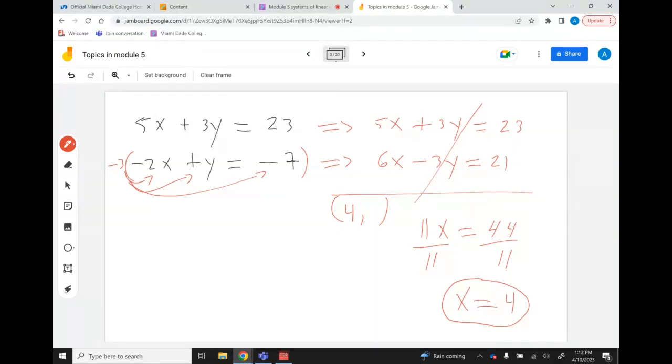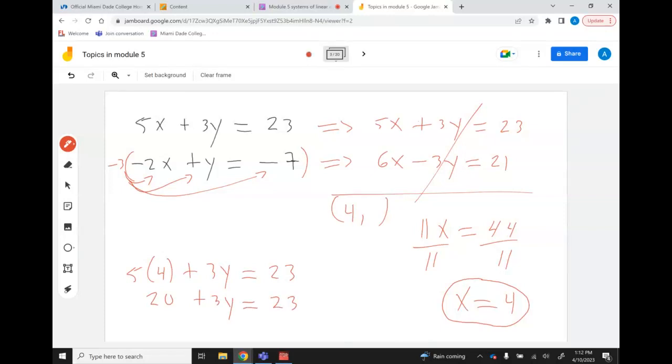All right, so let's pick the top one. I'm going to choose the top equation, and I'm going to substitute the x with 4, and let's see what happens. You see the mistake that I made here? Unbelievable, but it happens. But I caught it, I fixed it, and we're okay. So this will give you 20, and this will be 23.